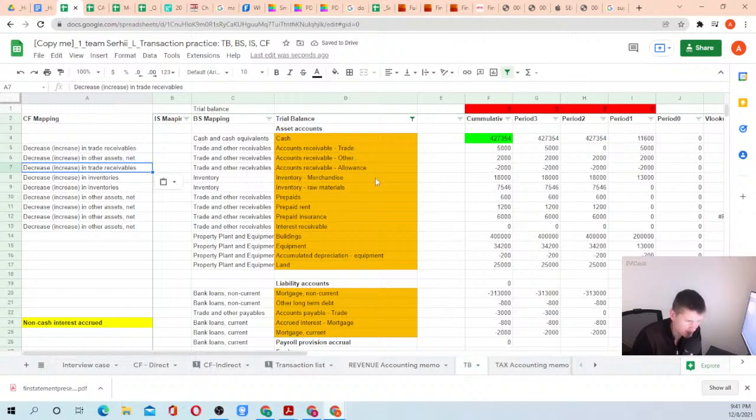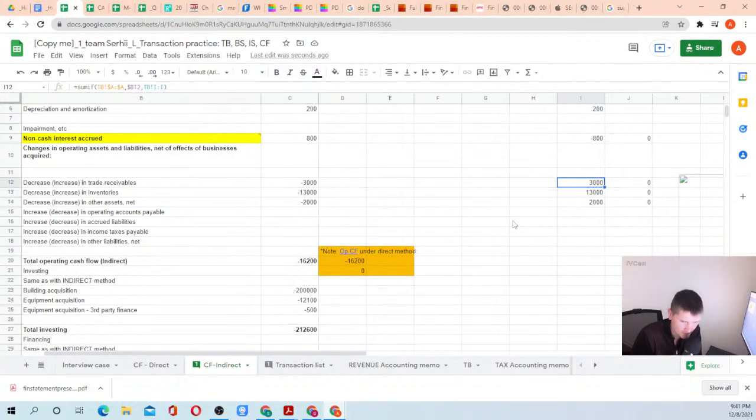If I map allowance, let's see what the effect will be. If I include allowance into the change in trade receivables, I will reconcile that, and everything will match again.